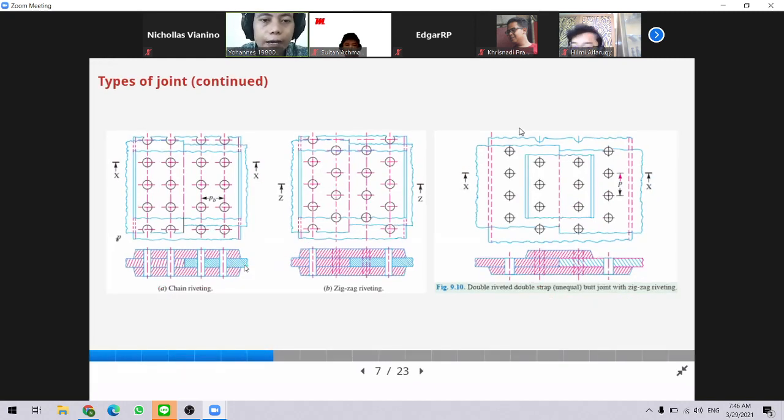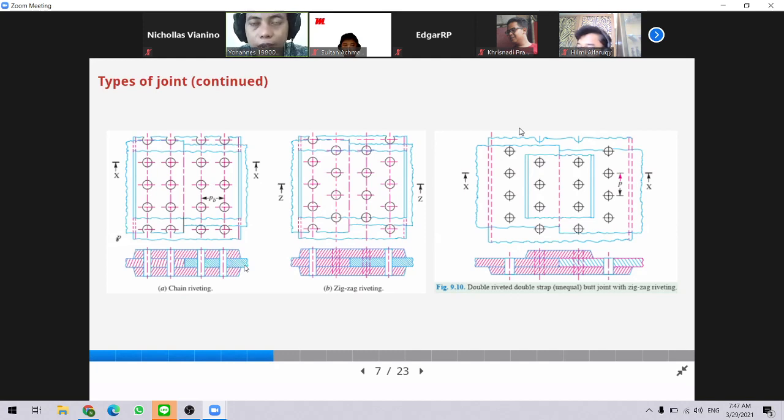For the butt joint, the double cover butt joint, there are also many variants. Here we have chain riveting, zigzag riveting, and other types of joint.